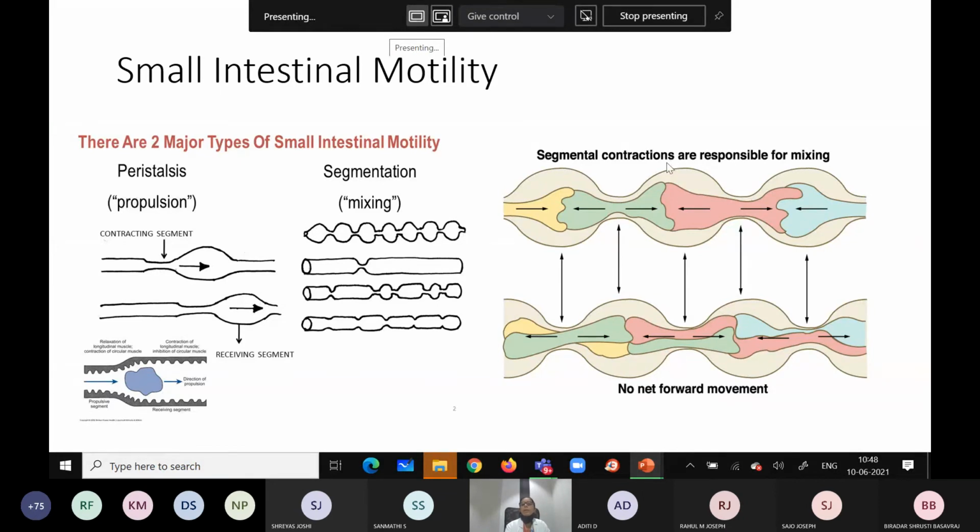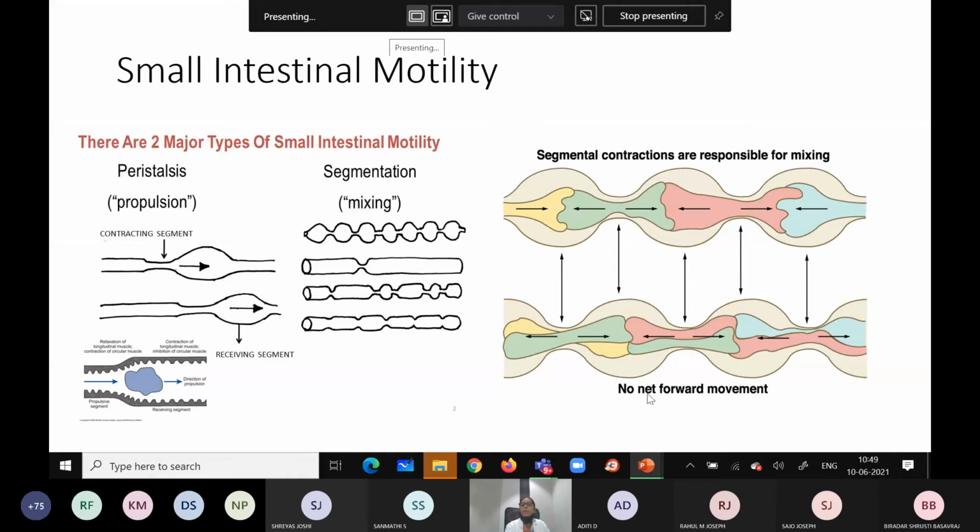Here also you can make out that segmental contractions are responsible for mixing. Whatever content is there here, because of the wave of contraction, half will come here and half will go there. The wave of contraction is here and the wave of relaxation is here, so like this mixing occurs. Wherever there is a relaxation, next there is a constriction wave, and wherever there is a constriction, next the relaxation occurs.